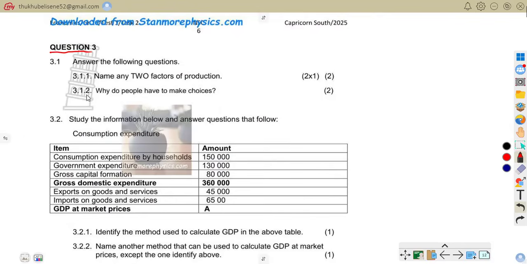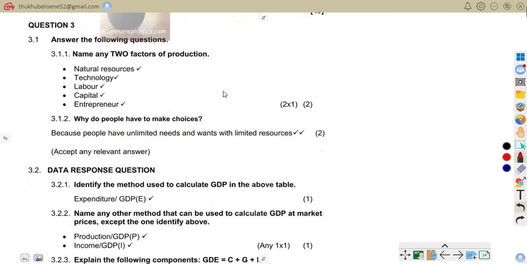We are going to start with 3.1. Answer the following questions. As it says, name any two factors of production. So now let us go to our answers.